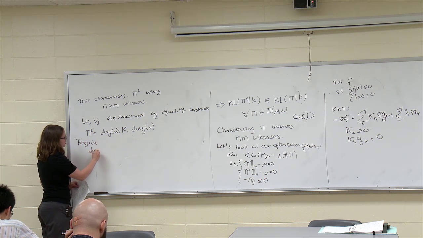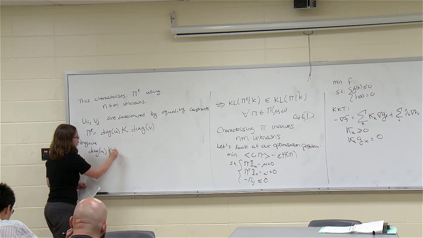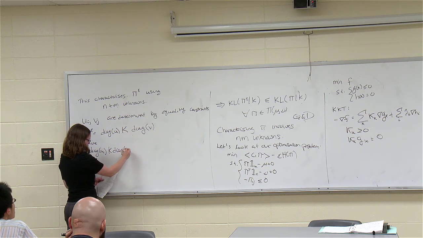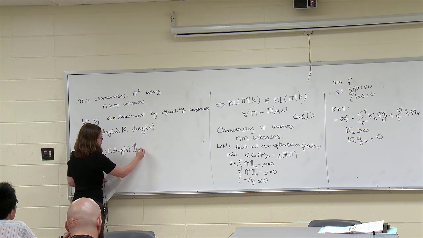Well, we require that if we multiply this by a one vector, we get mu.